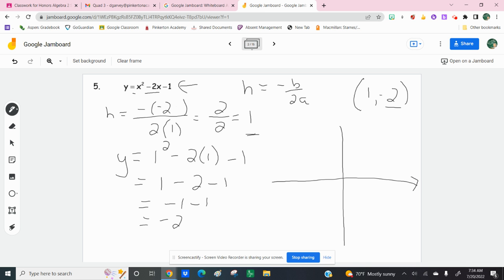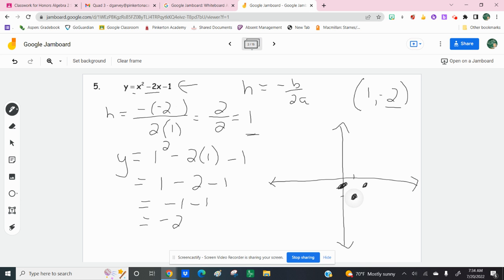Again, you should graph it on graph paper, but I don't have any here, so I'm just going to say this will be 1, negative 2. I know this is going to open up because my a value is positive. From this point, I'm going to go over 1 and up 1. I'm going to go negative 1, up 1, so I'm going to reflect that point.